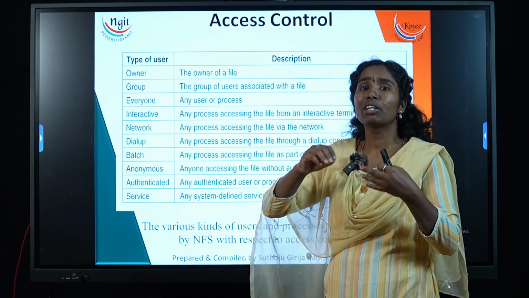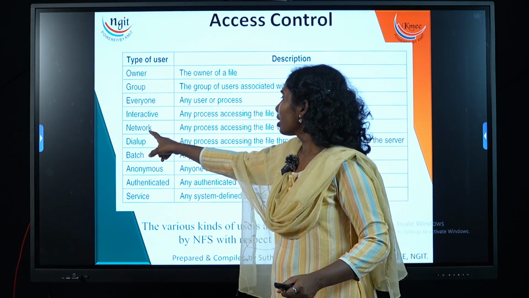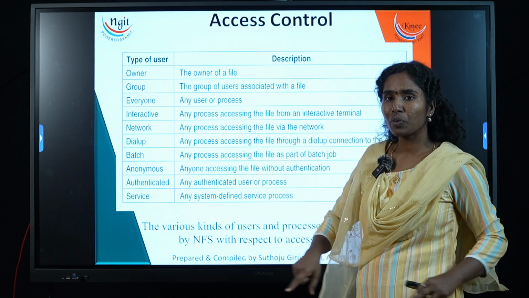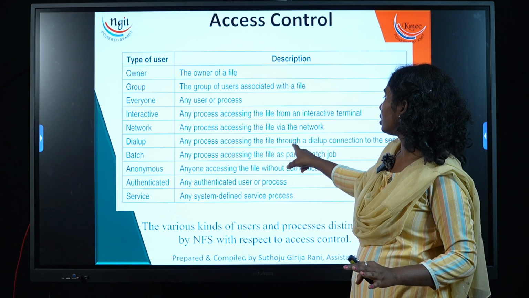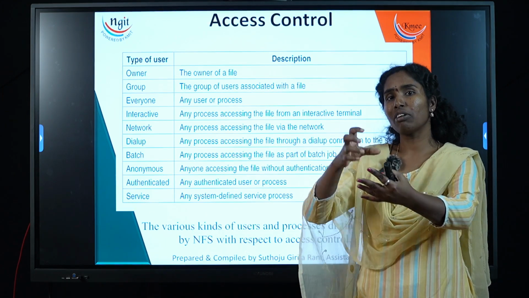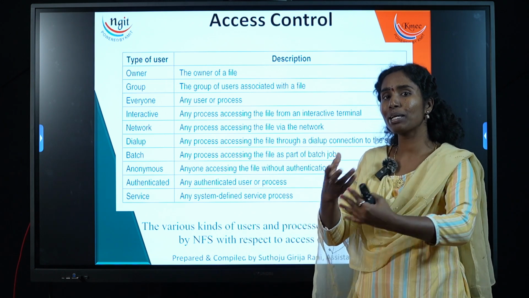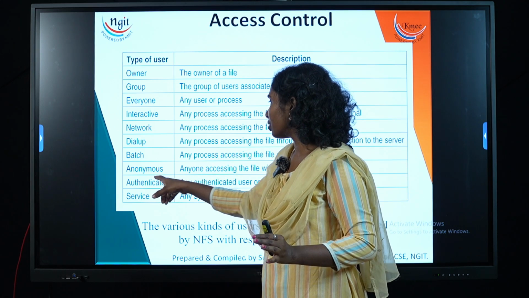Interactive: those who have been given permission can interact with it, a limited set of people. Network: to a particular network we can give access. Dial up: any process accessing the file, on demand. Batch is nothing but a group of processes.